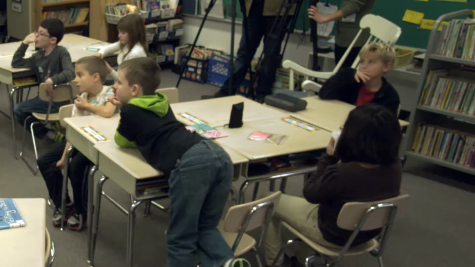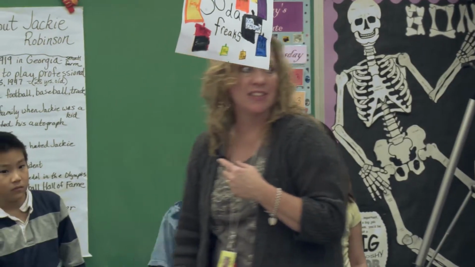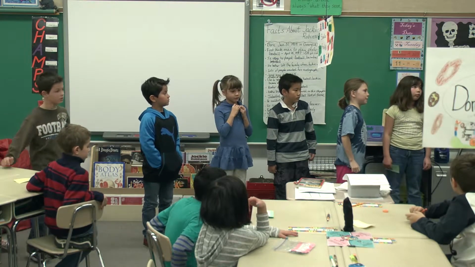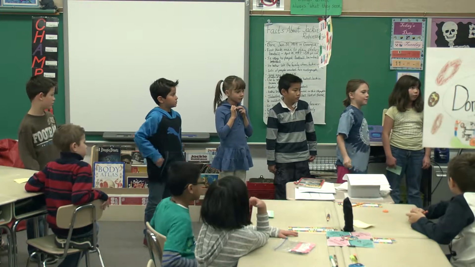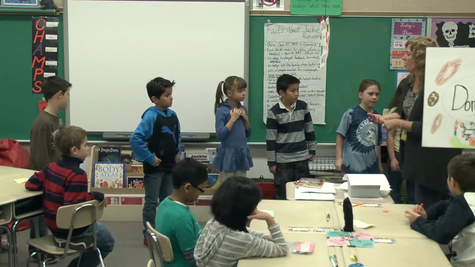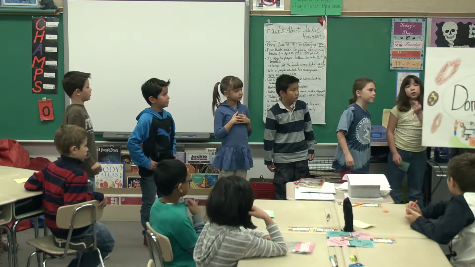Remember, who was it that he talked with a lot about that whole thing, Nora? Branch Rickey. Who was that guy? He was a white person that really believed in Jackie. Yeah, he really believed in him, and he was the manager of the Dodgers, correct?